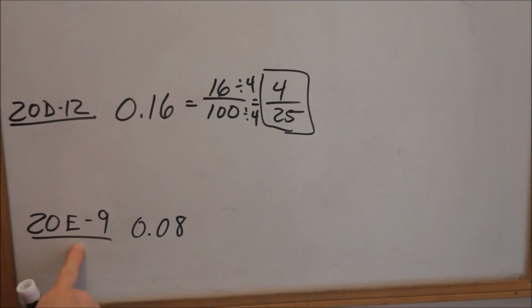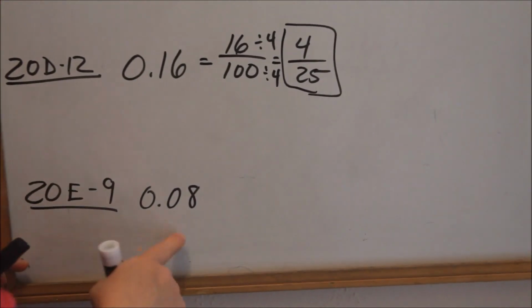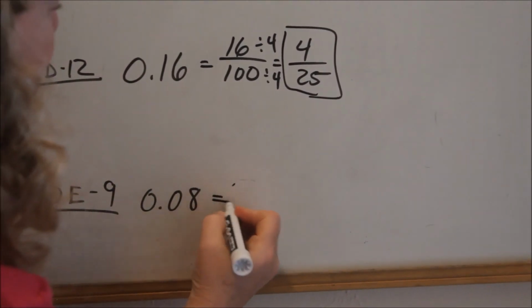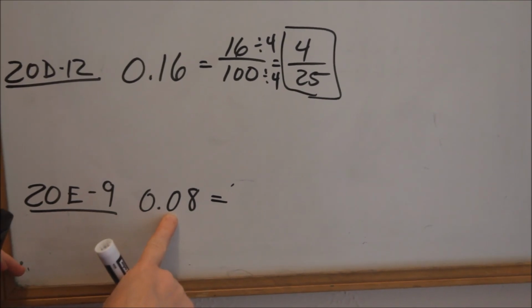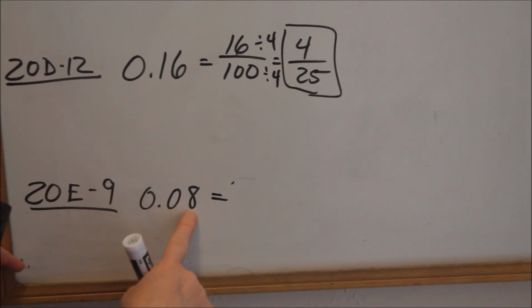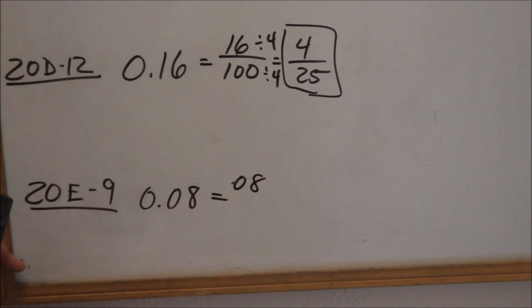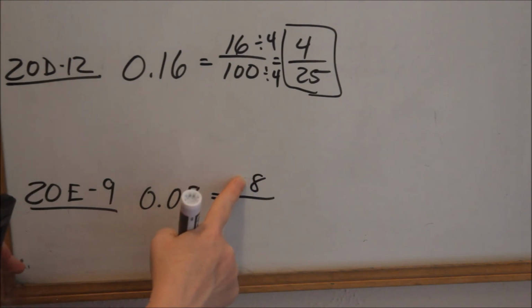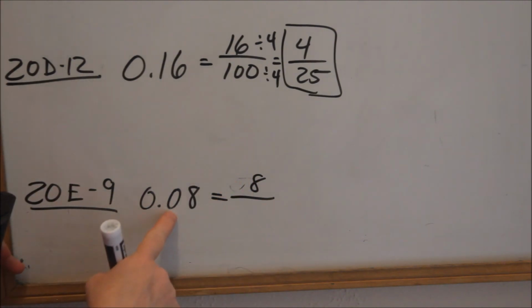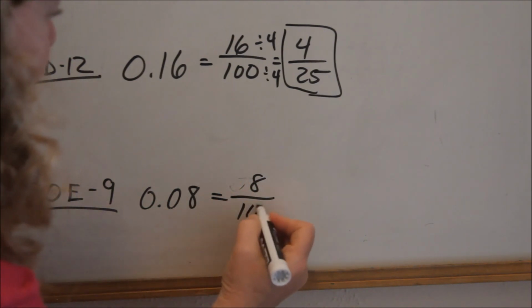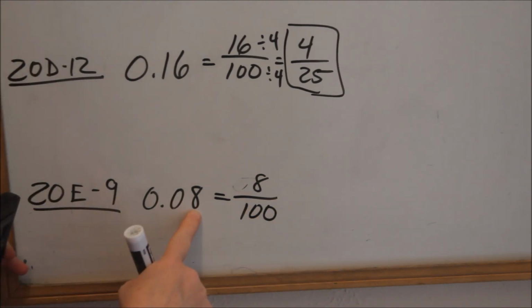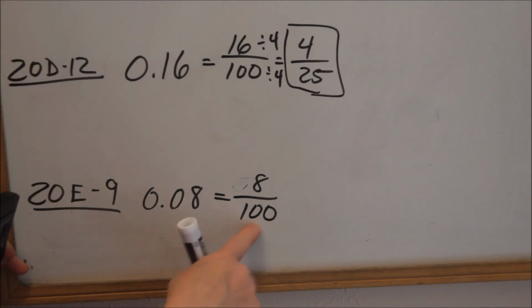Looking at 20E number 9. Take your decimal and you turn it into a fraction. This 0 is your tenths place value. This is your hundredths place value. So take this number, which is 0.08, but you don't have to write it as that. You just write it as 8 over 2 decimal places, 2 zeros, because that's your hundredths place value, so that has to be a 100.